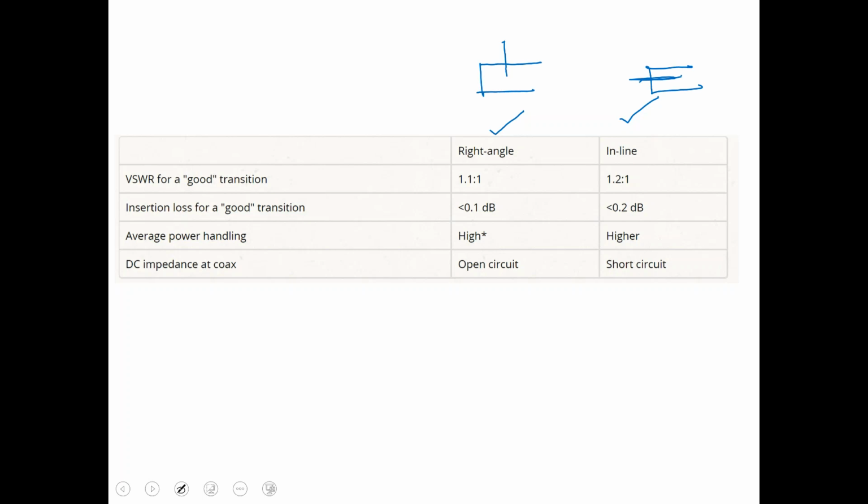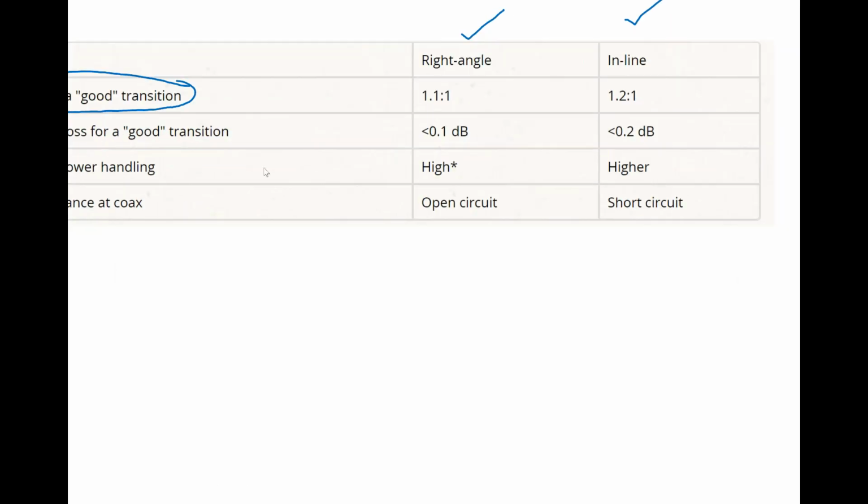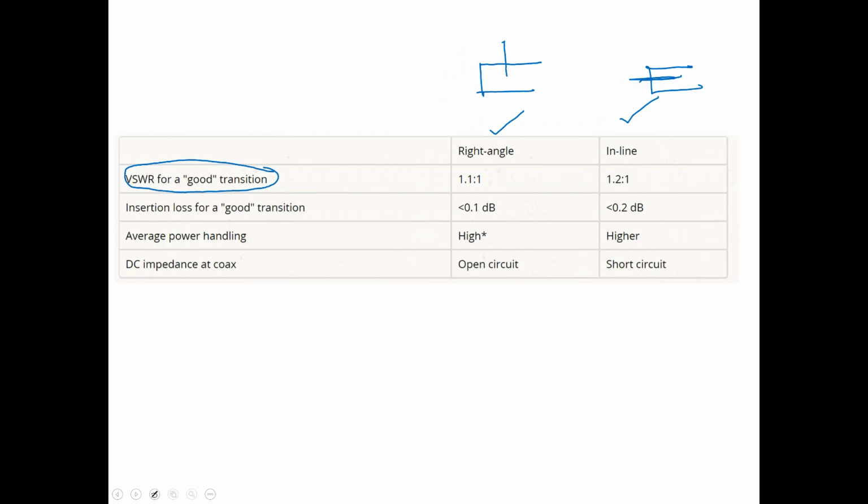The right angle transition, you can basically get the standing wave ratio within the coax cable, and that's basically how much of the energy is going to be coupled into my waveguide. You can get that voltage standing wave ratio to be about 1.1 to 1, whereas for inline it's slightly higher, about 1.2.